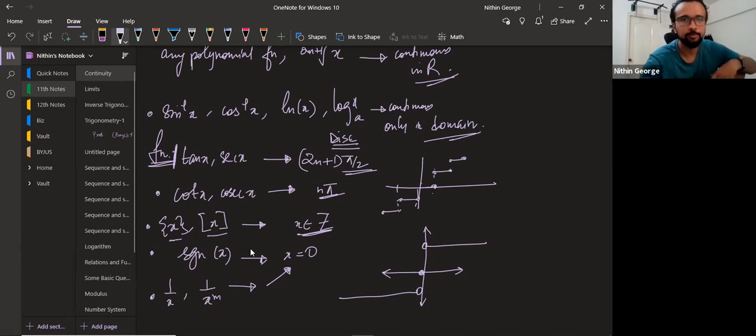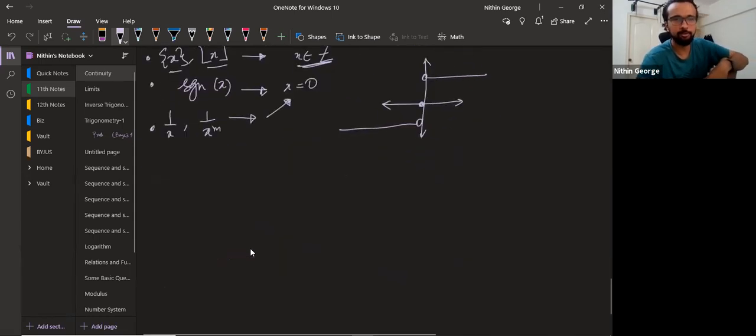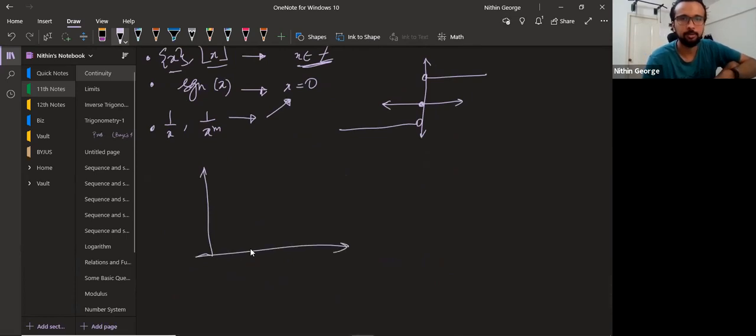Suppose you have a continuous function, and then you have a discontinuous function, let it be like this. When you add both these functions up, what happens? You get a graph something like this. Both are increasing.